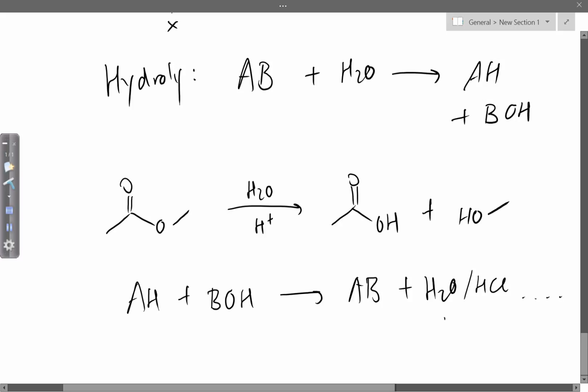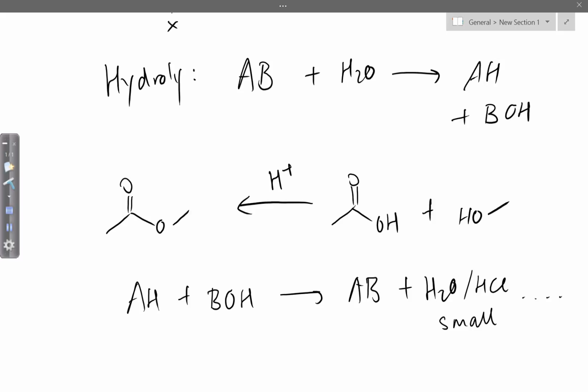The key point is that it must be small. Need not be H2O, it can be HCl. So this is actually just your esterification, which is this reaction with the help of acid. This is actually your condensation. Your esterification is a condensation reaction. The reverse of esterification is known as hydrolysis, right?